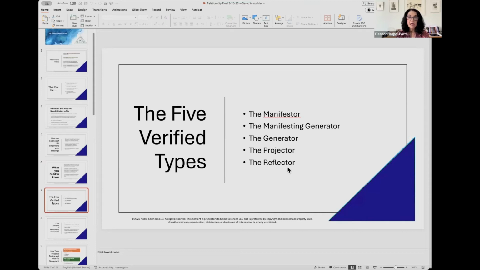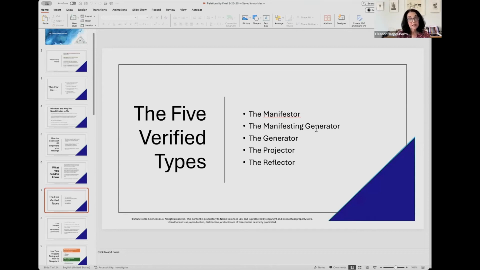In design, I have validated statistically that we have 5 types. There's the manifester, someone who has a fuel or motor center that gets them in some way connected to the throat.